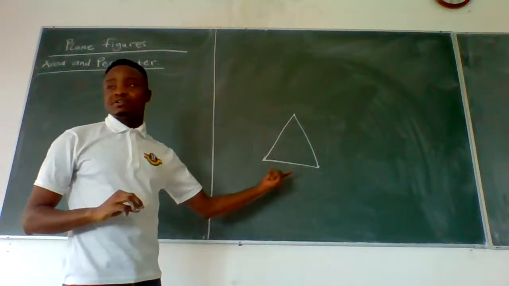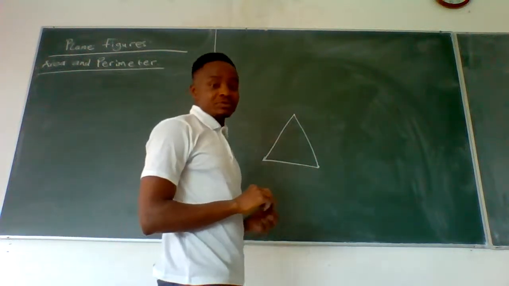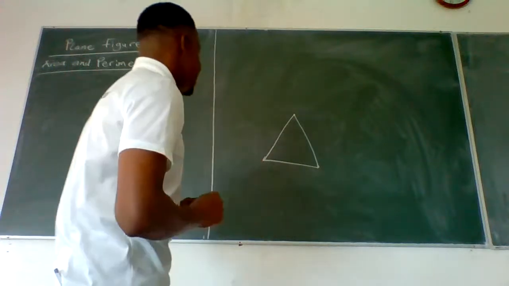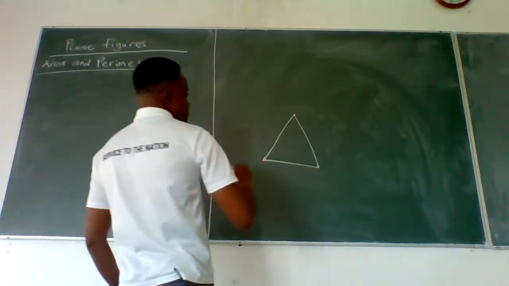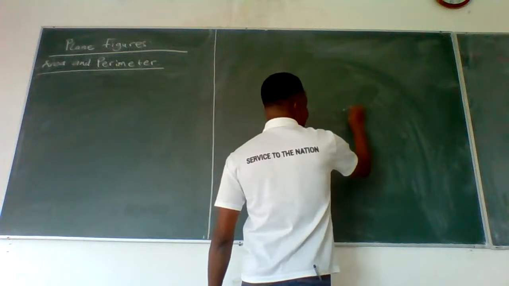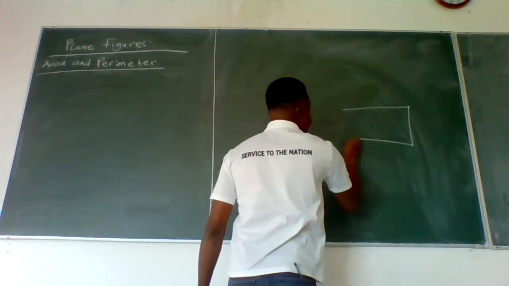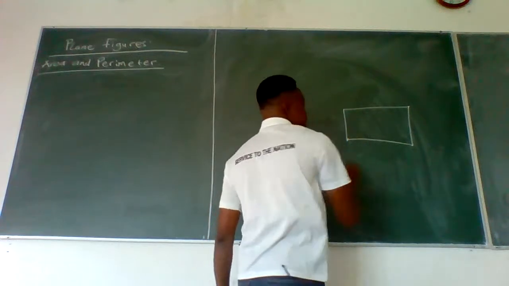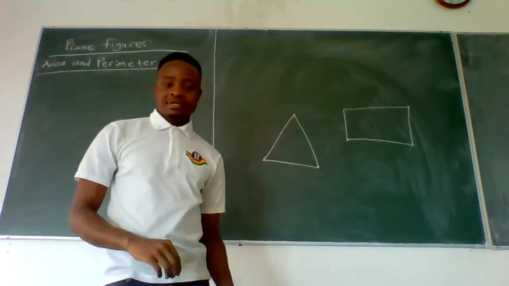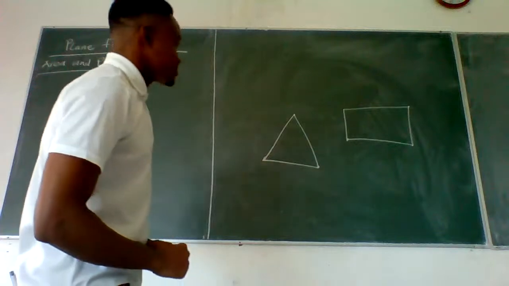Then I have this plane figure, which is what we call a triangle. And when I join this line to this, then to this, then to this, I have a rectangle.